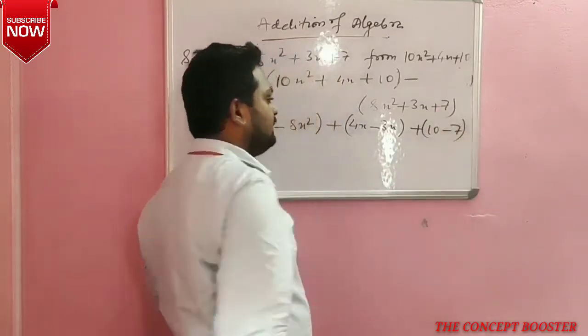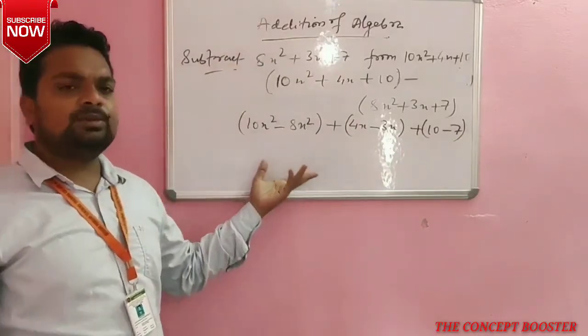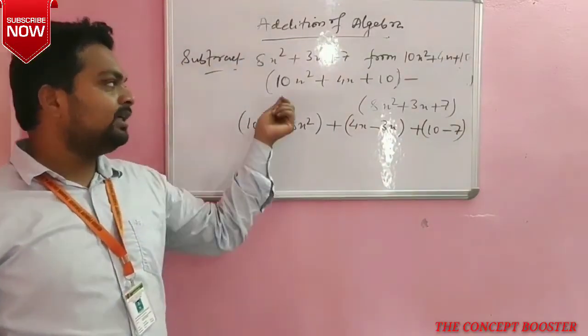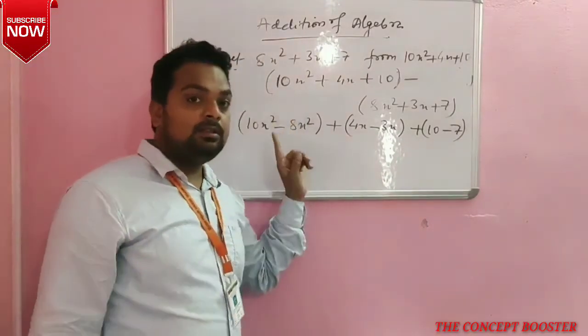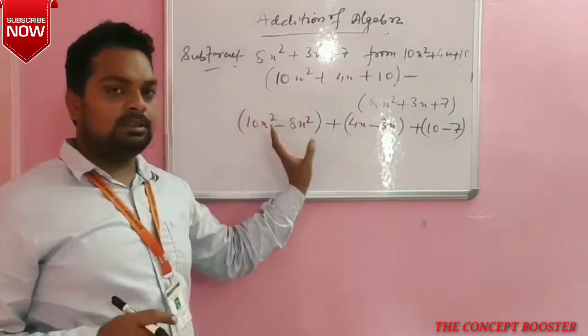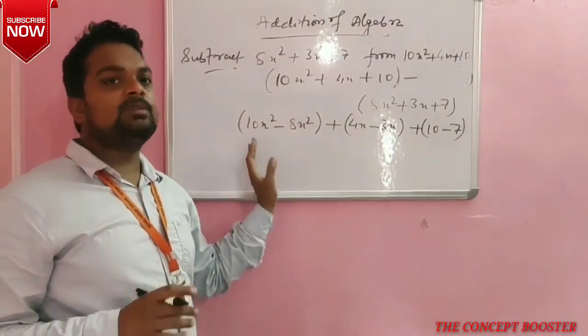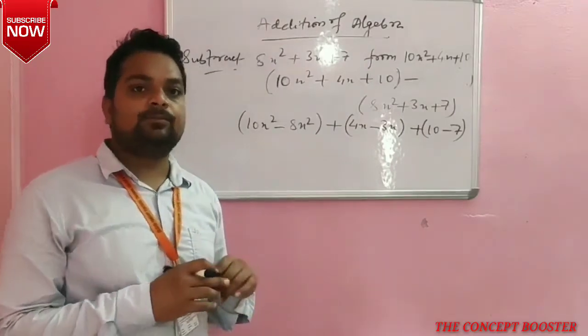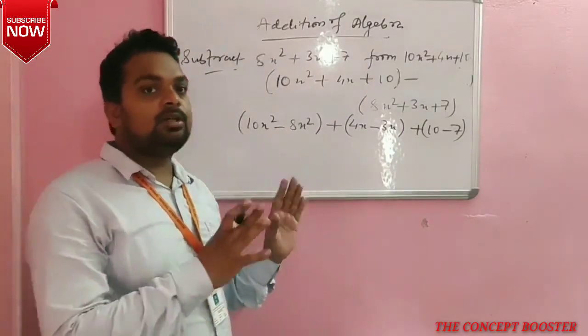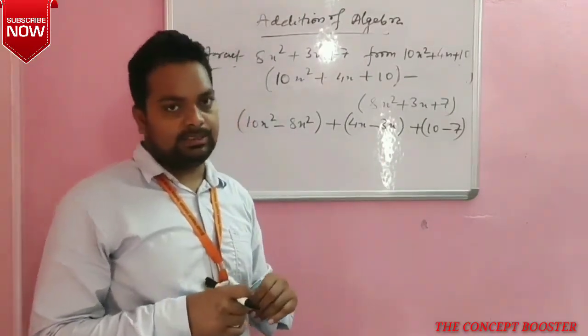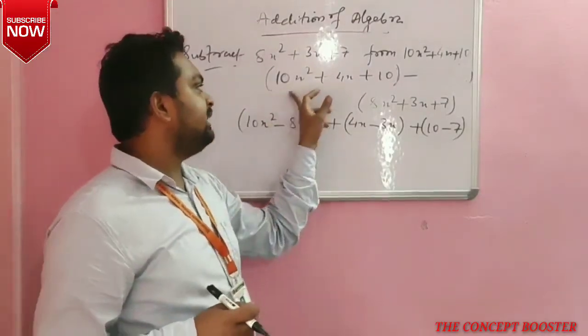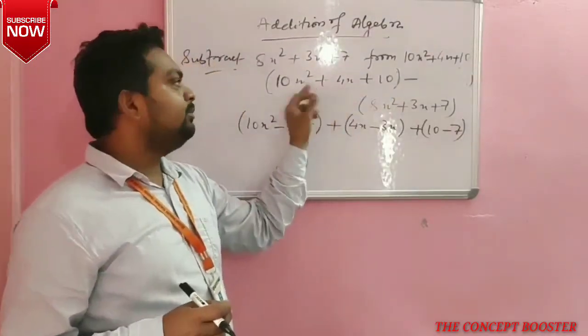Like this. So you can simply do it like this, and do not forget to take care of the like terms. Like terms can always be subtracted from like terms. You cannot subtract two unlike terms from each other. Suppose you cannot subtract 3x from 10x square.